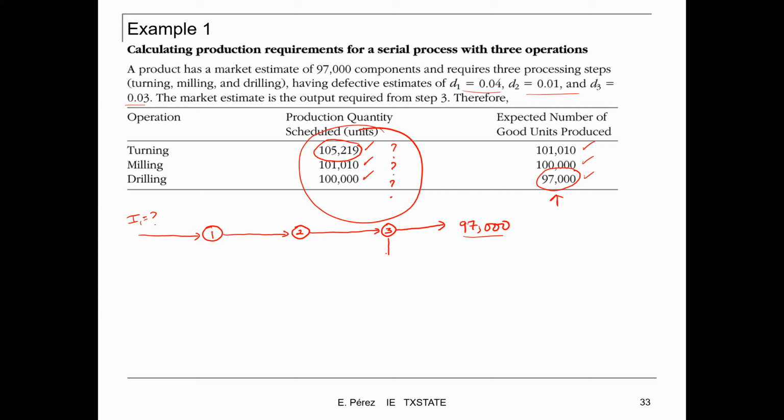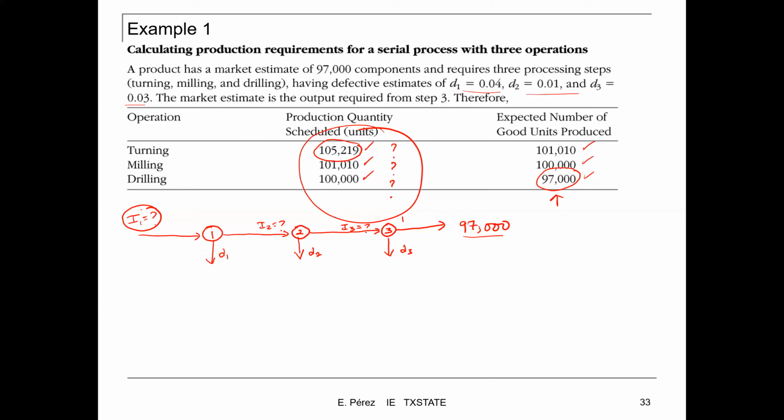But we also know that in each process we're going to have a certain number of defective parts, D1, D2, and D3. So we need to compute the input for 3, and the input for 2, in order to get to this number. That's how we're going to work this problem.